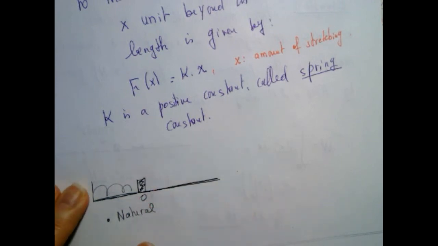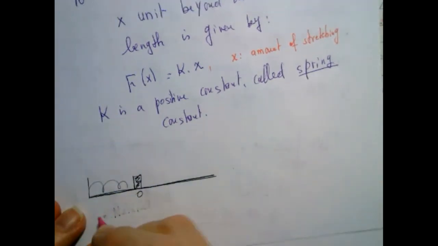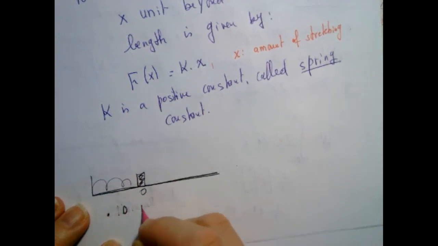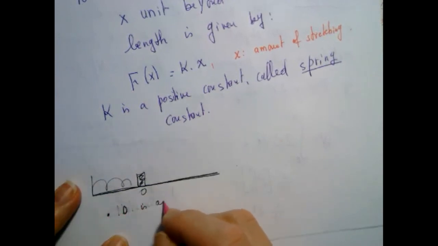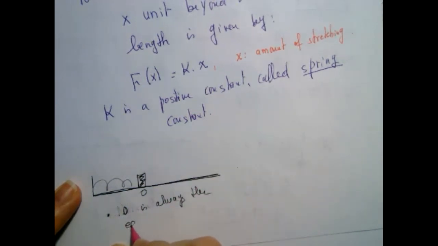that's 0. Zero is always the equilibrium position of the spring.